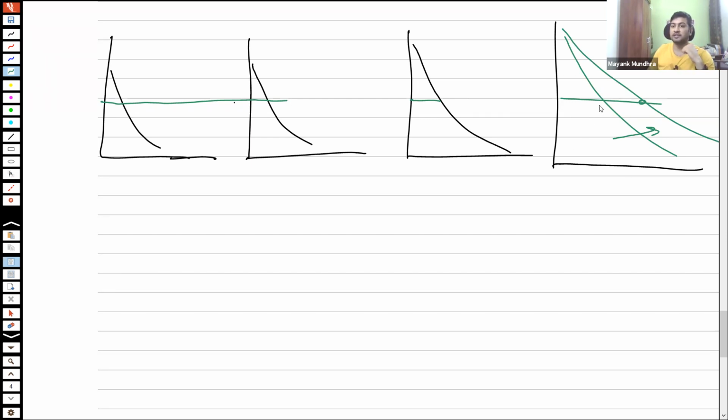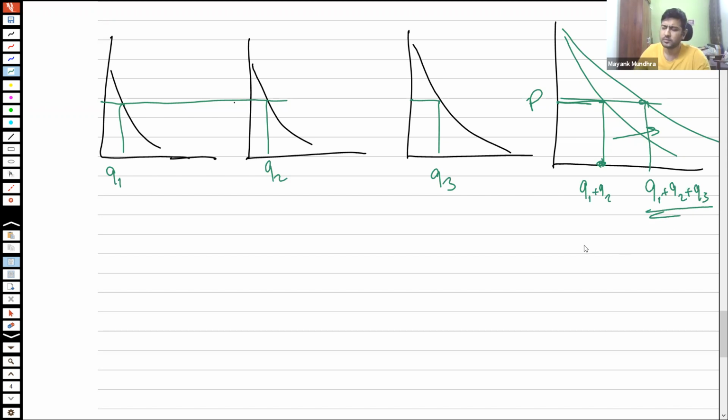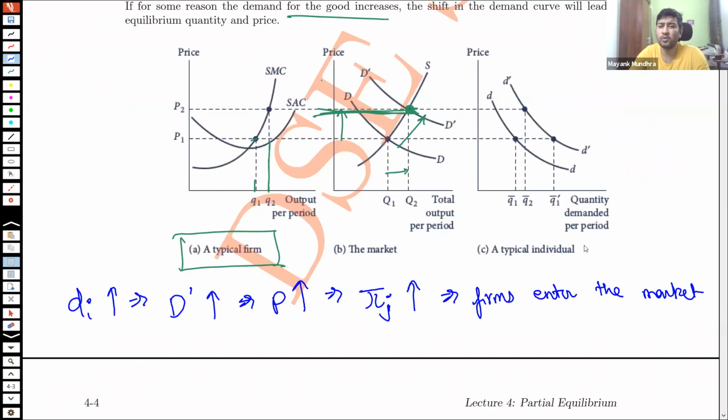At any price level, suppose this was Q1, this was Q2, and this is Q3. Initially you were getting Q1 plus Q2, but now you would be getting Q1 plus Q2 plus Q3. So you're getting more quantity.